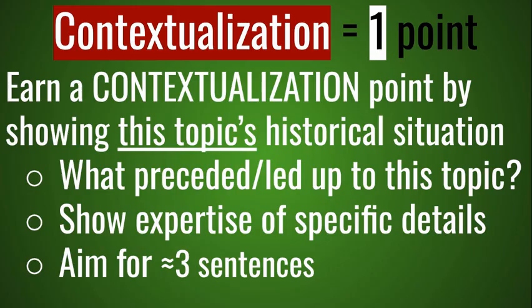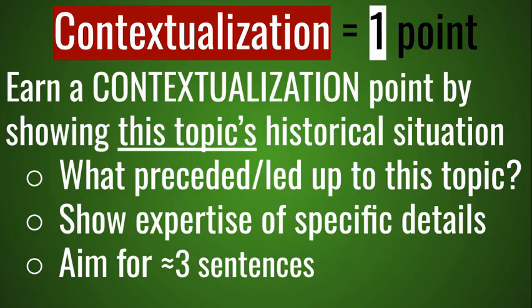We earn the contextualization point by showing this topic's historical situation, what preceded or led up to this topic. Show off your knowledge, leave no doubt that you are a well-informed historian. I recommend 3-ish sentences, not because that number's in the rubric, but because I find that students who write that amount usually have done enough, assuming there's detail in them, to earn the point. Students who write only one sentence often write a mere phrase or reference, and even though they try, they do not earn the point.